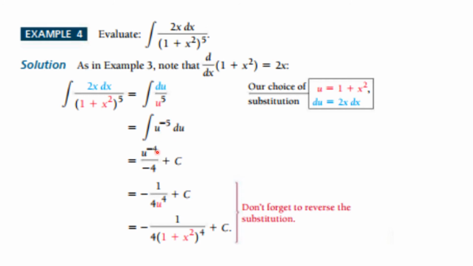You add 1 to the exponent and divide by the new exponent. So when I add 1 to minus 5, I get minus 4 over minus 4, and I can factor that out, and I can write u to the minus 4 as a 4 in the denominator. And then I can reverse my substitution, and everywhere there's a u, I put 1 plus x squared. And this is the final answer to example 4.